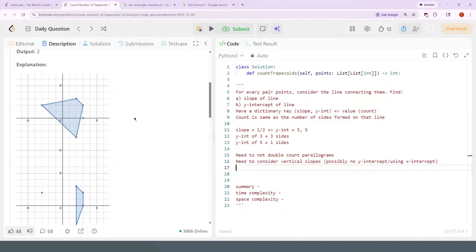So if I go from each point, can I order the other points in some way to make it? I go from each point and consider that a point on the trapezoid formed with that point.